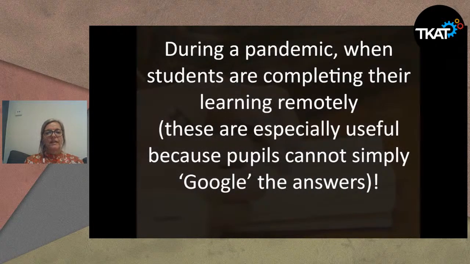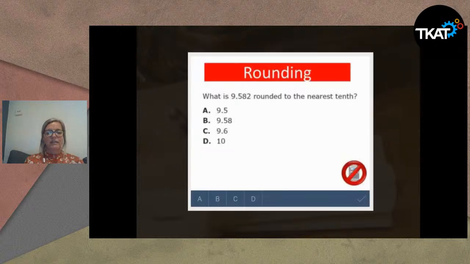Here, obviously, you can use it during pandemic when students are completing their learning remotely. And I think if you tailor them really well, it means pupils can't just simply Google the answers from where they are at home on their computer.